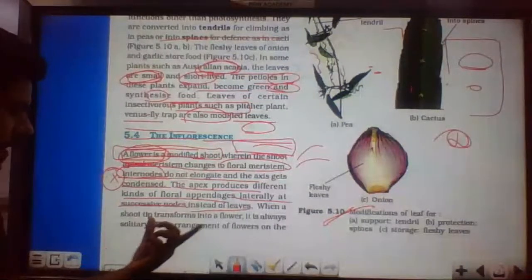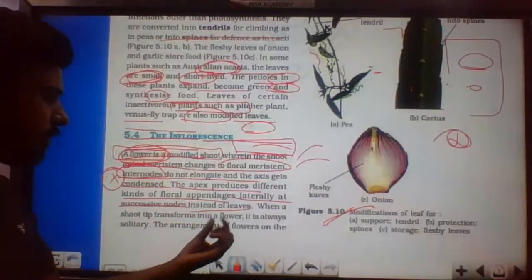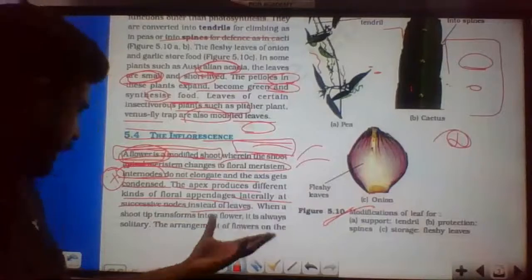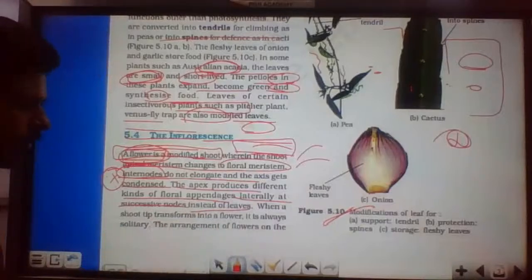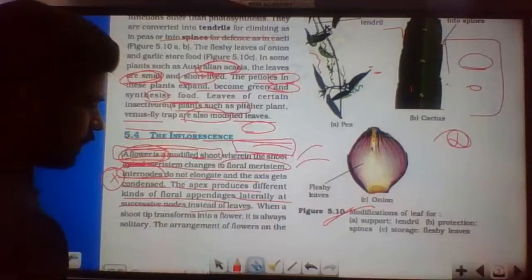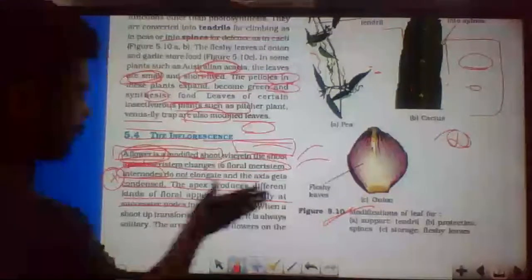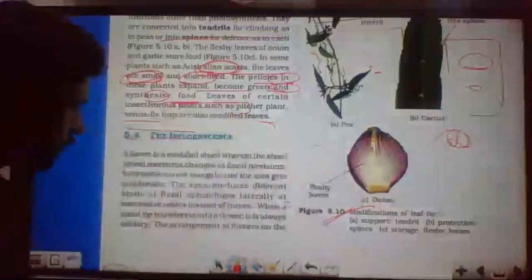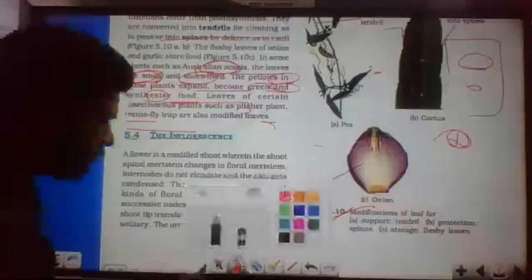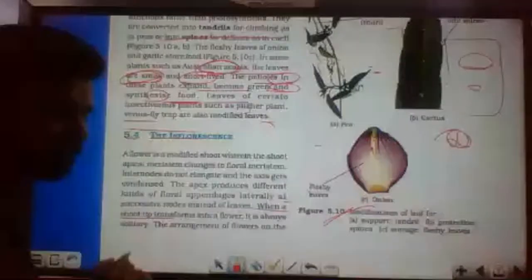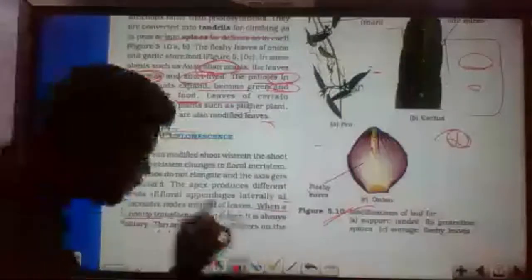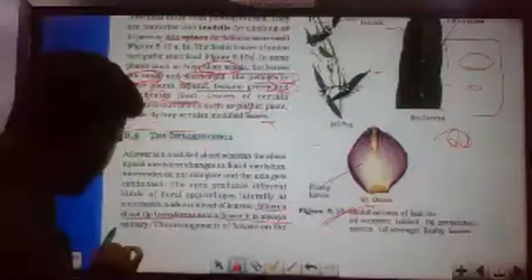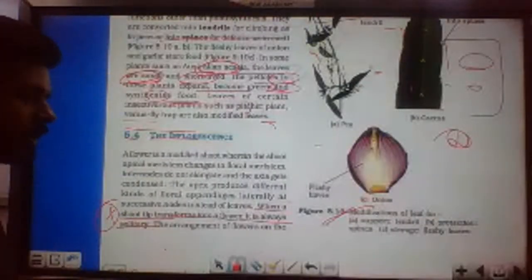When a shoot tip transforms into a flower, it is always solitary. This is a very important one. Once again, I will repeat: when a shoot tip transforms into a flower, it is always solitary.